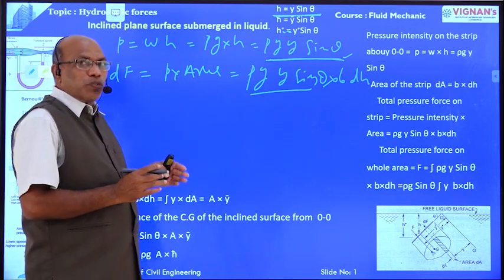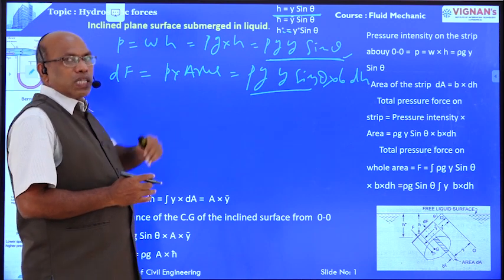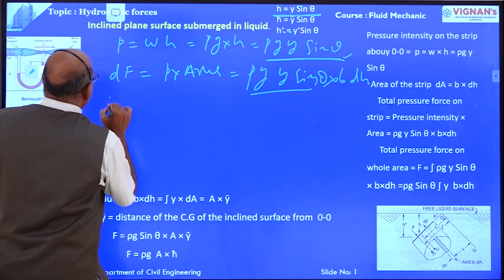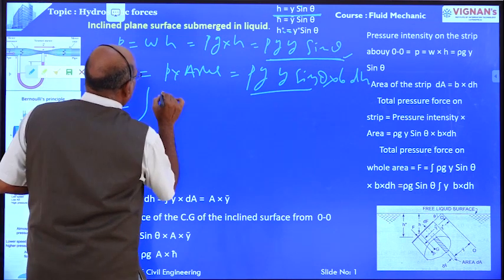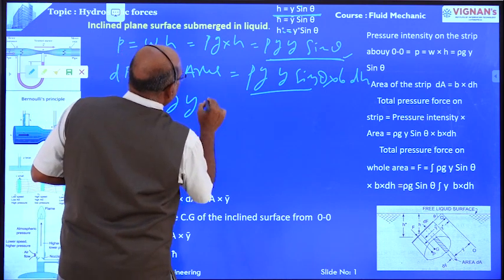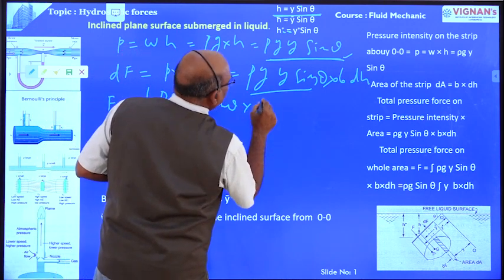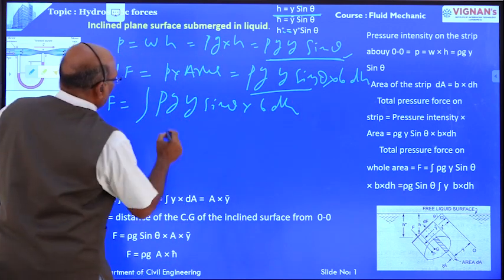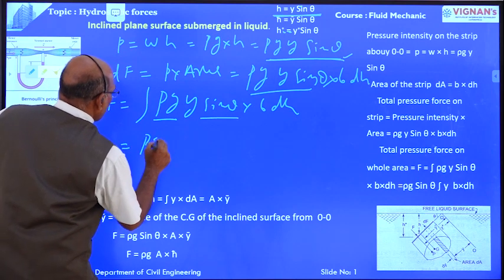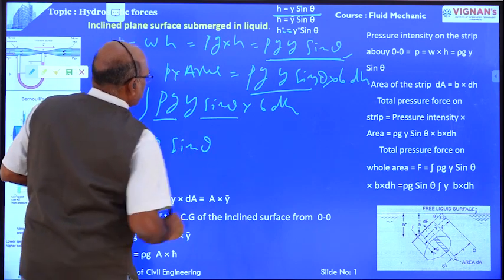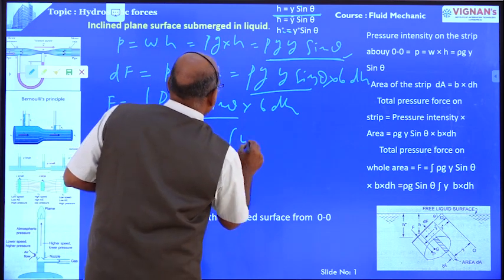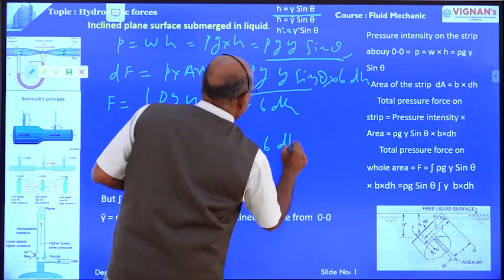Now the pressure force on the entire plane surface, the total surface, F is equal to the integral of rho g y sin theta into B dh. Now rho g sin theta is taken out, therefore F is equal to rho g sin theta integral y b dh.